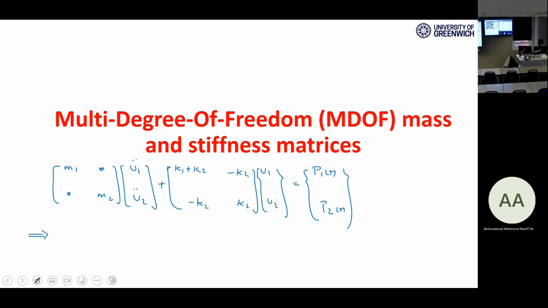I can bring it out from the matrix form by multiplying this line by this line, which will be M1 U double dot 1 plus, this line by this line, K1 plus K2 U1 minus K2 U2 equal to P1(t).